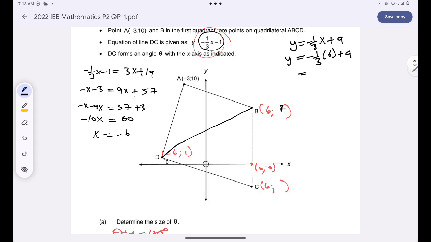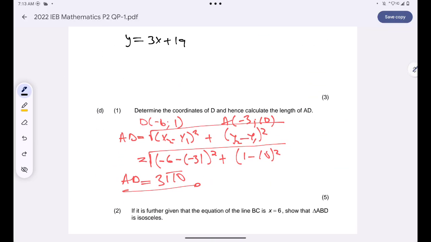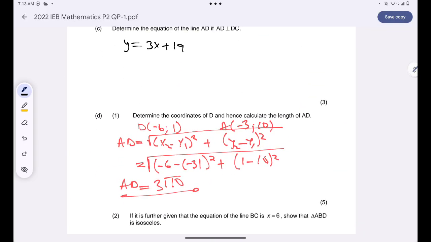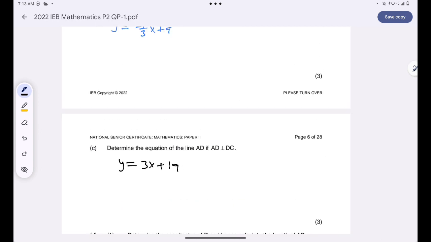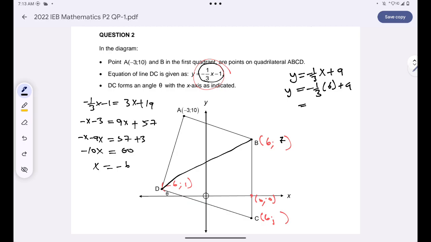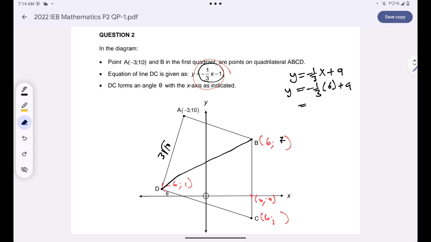We did calculate the length of AD in the previous question, question D number 1. We got 3 root 10. If we can find the other two sides to be equal, then you can conclude that the triangle is isosceles. How can you do that? Let's find the length of AB and check what it is equal to.